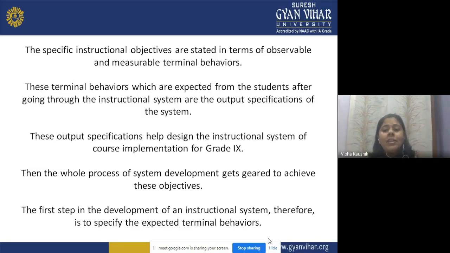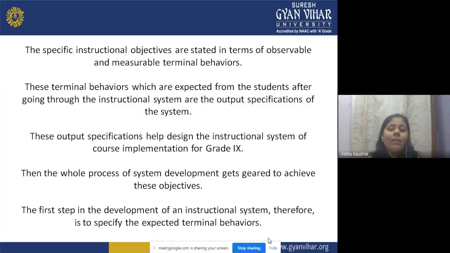Now, what are these instructional systems? Instructional systems are the planned and organized use of all available resources that can be used by the teacher to make the teaching learning process effective and efficient for the students. Then the whole process of system development gets geared to achieve these objectives.